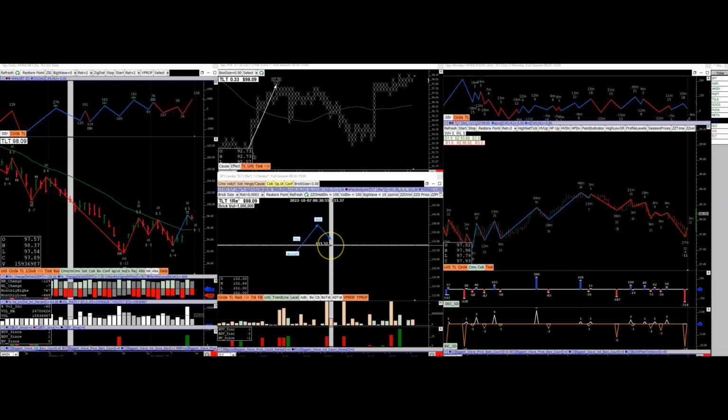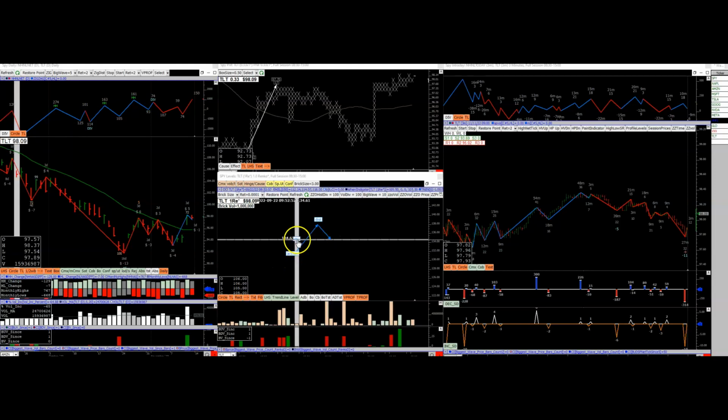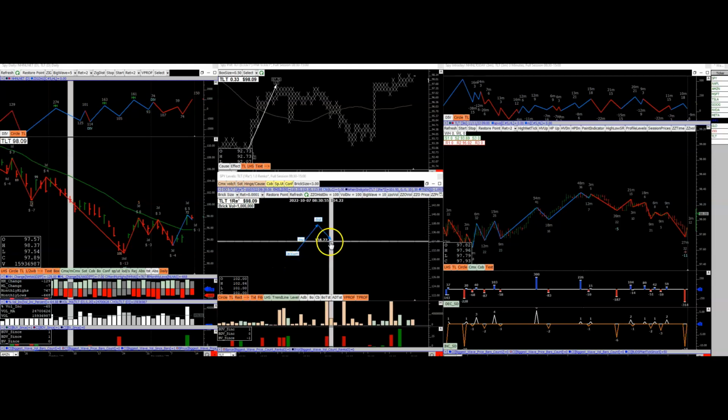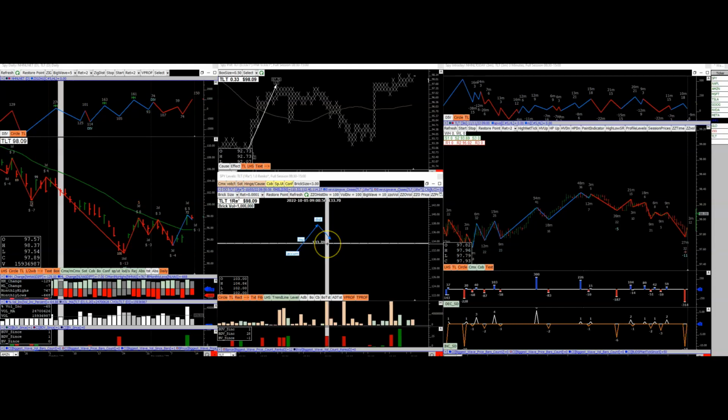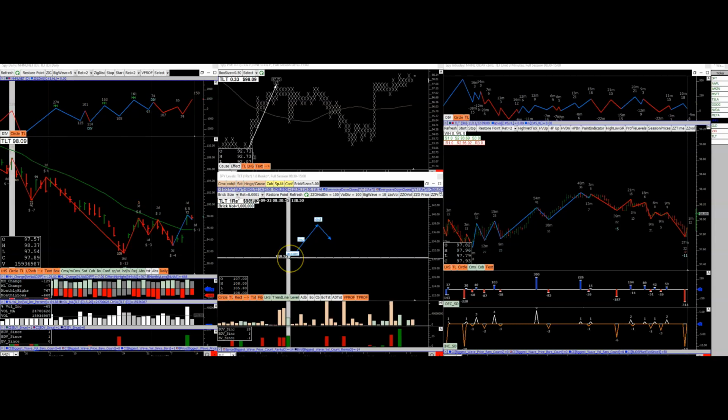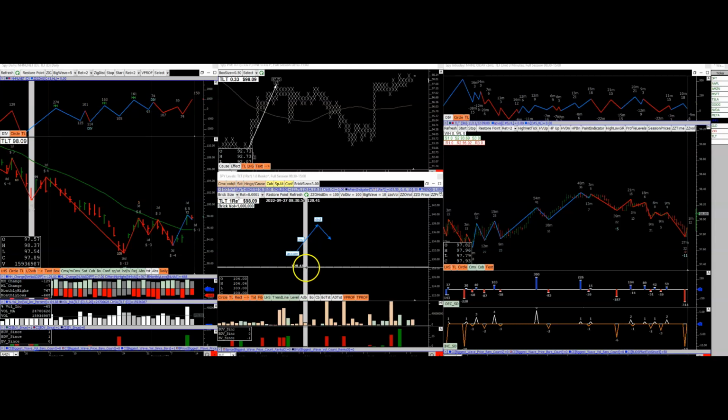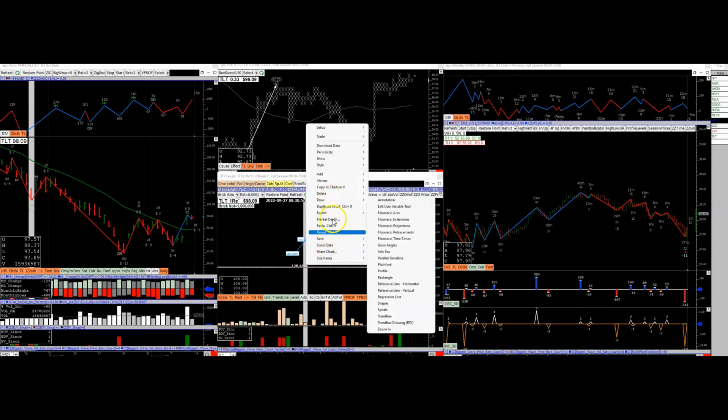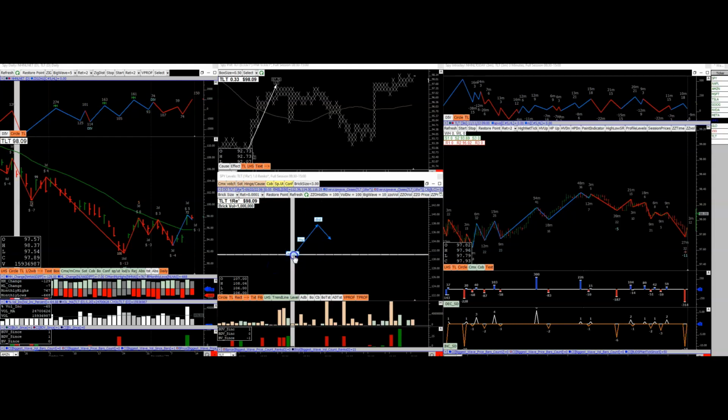So there's a cycle: accumulation, markup, distribution, markdown. But remember that this is not just in case of trend, it's also in the case of swings, because a swing on one time frame is a trend on another time frame.